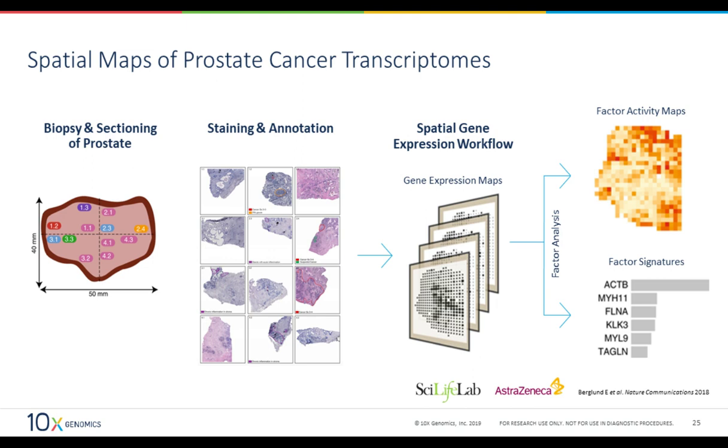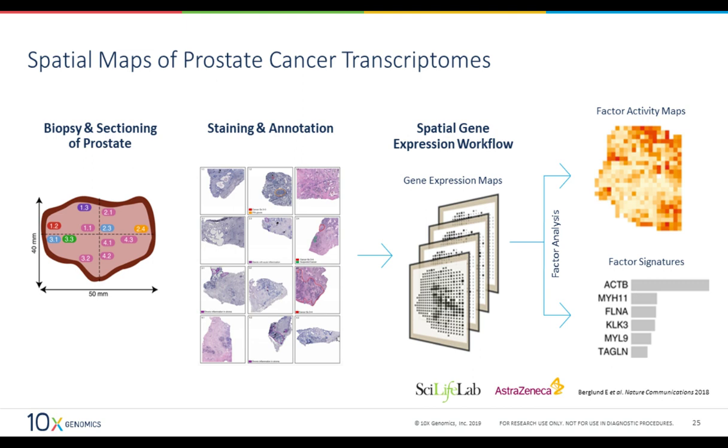And just to give you a sense of other places where this is used, neuroscience is one field, but also cancer, and this is probably one of the more impactful studies that has been done with spatial gene expression, where this group, Berglund et al. in Nature in 2018, wanted to look at prostate cancer sections and ask pathologists the question of, okay, can you annotate where on this prostate cancer tissue there is cancer versus stroma and the PIN glands?